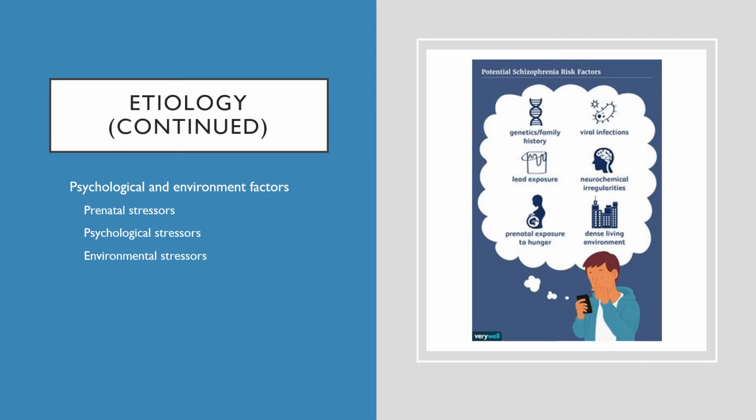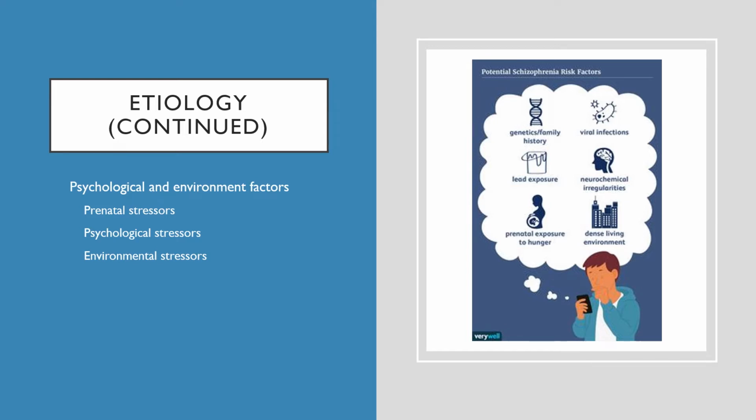Some psychological stressors: schizophrenia manifests at times of developmental and family stress. So think about beginning college, moving away to college, getting married, purchasing a home. Those are all high stress levels that could bring on schizophrenic symptoms.